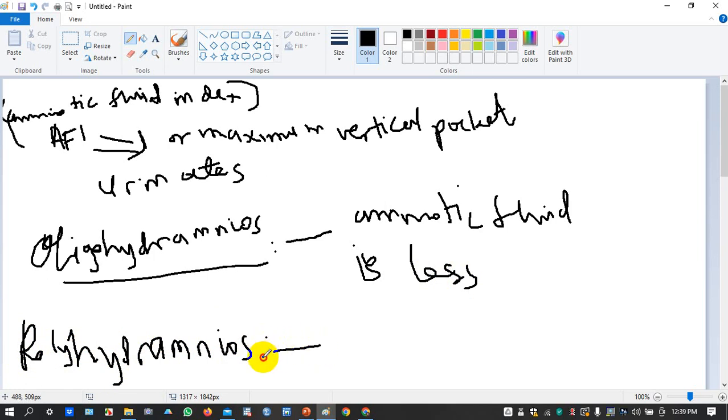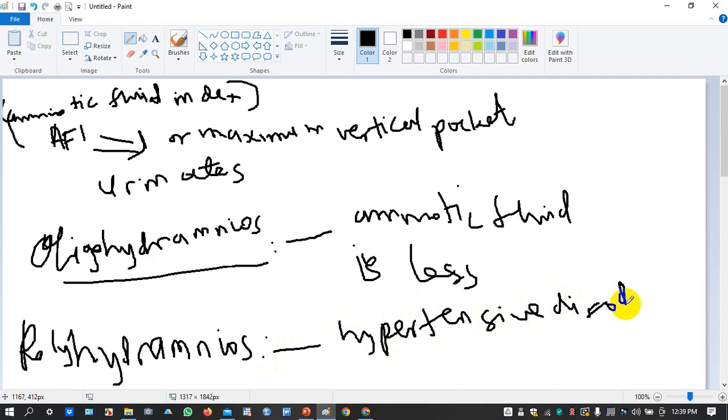Maybe if the mother has hypertension, we have what we call hypertensive disorders of pregnancy, high blood pressure. Hypertensive disorders of pregnancy can lead to oligohydramnios.